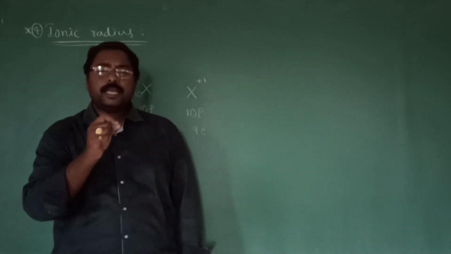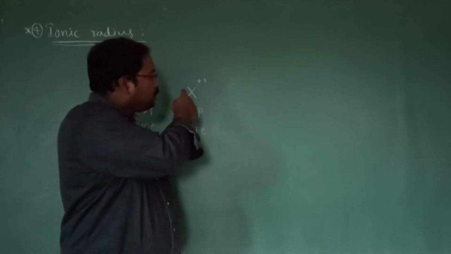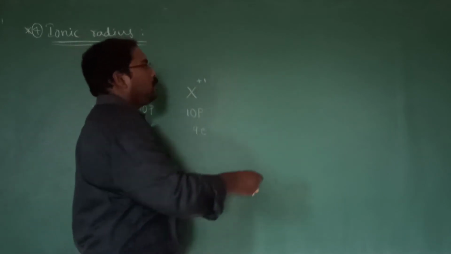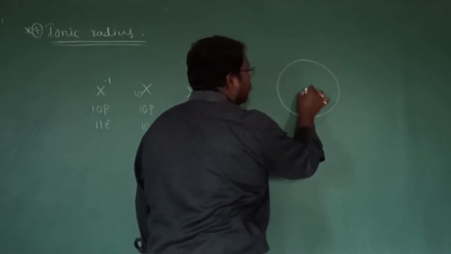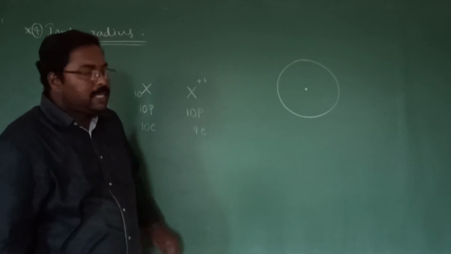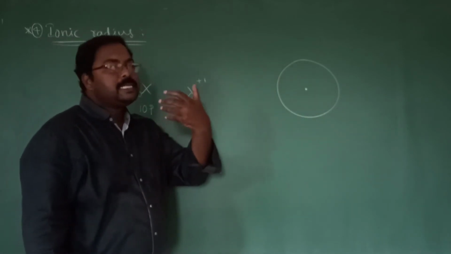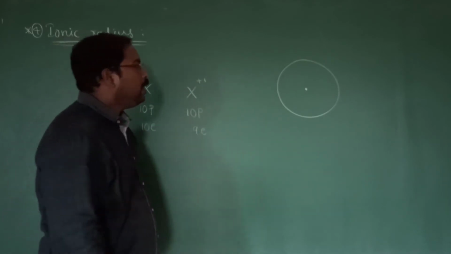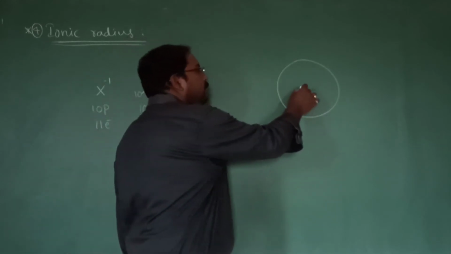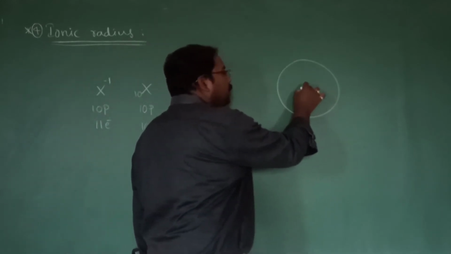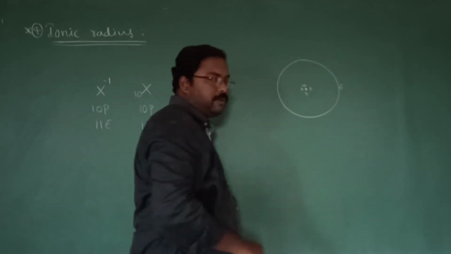Here, the size of the atom depends mainly on the charge of the nucleus also. Okay? The size of the atom depends on the charge on the nucleus, nothing but what we call the nuclear charge. If the nuclear charge is more, what will it do? What is the charge of the nucleus? We know the charge of the nucleus is positive and the charge of the electron is negative.